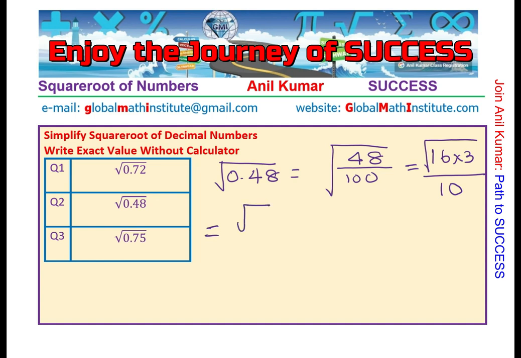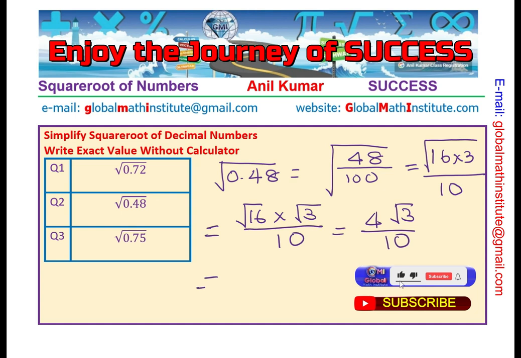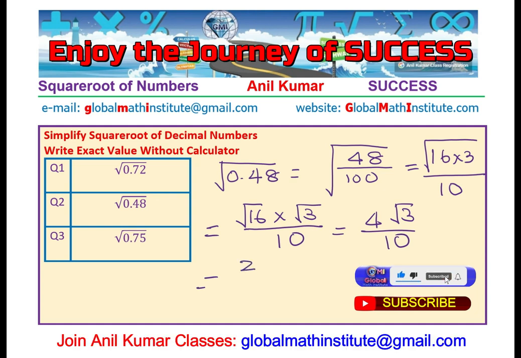Square root of 16 times square root 3, right? Let me rewrite again. We could also write this as square root 16 times square root 3 over 10, which is 4 square root 3 over 10. Dividing both by 2, 4 and 10, we get 2 square root 3 over 5 as our answer.